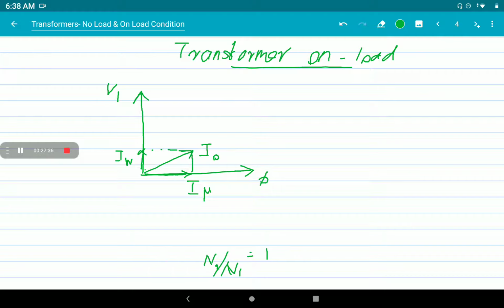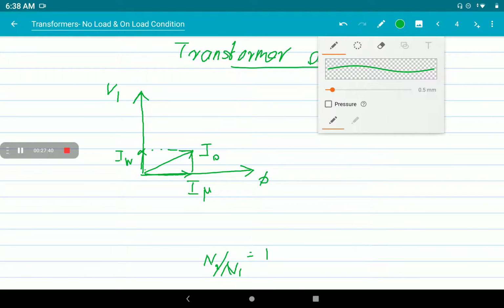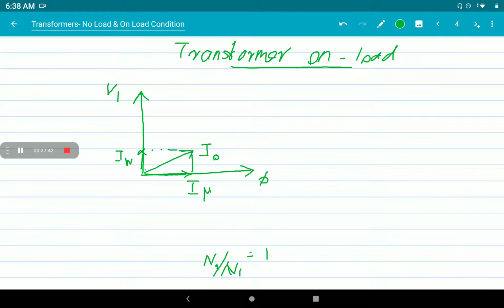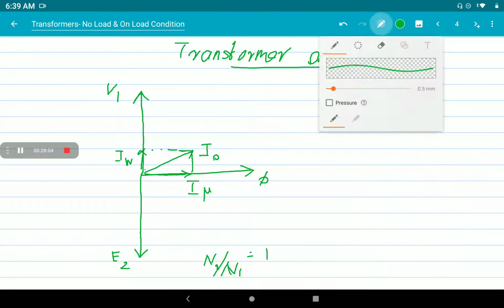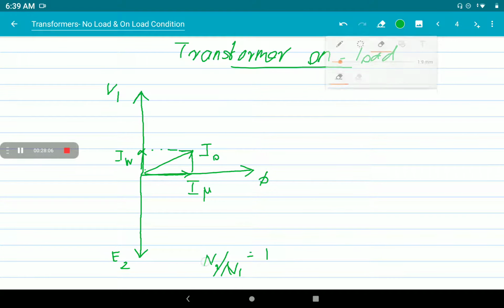V1, E1 എന്ന് പറയുന്ന E2 എന്ന് പറയുന്ന മാഗ്നിറ്റ്യൂഡിനെ ഈക്വൽ ആയിട്ട് എടുക്കാം. അതായത് V1 ന് ഈക്വൽ ആയിട്ട് നമുക്കൊരു ഇൻഡ്യൂസ്ഡ് EMF E2 റെപ്രസെന്റ് ചെയ്യാം. ഓക്കെ, first we are assuming if transformation ratio changes, the magnitude of induced EMF may be high or low. പക്ഷെ now we are assuming N2 by N1, our transformation ratio, as 1.